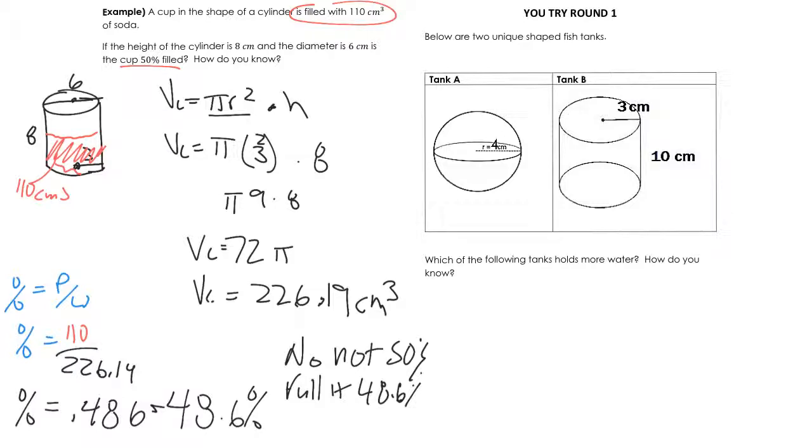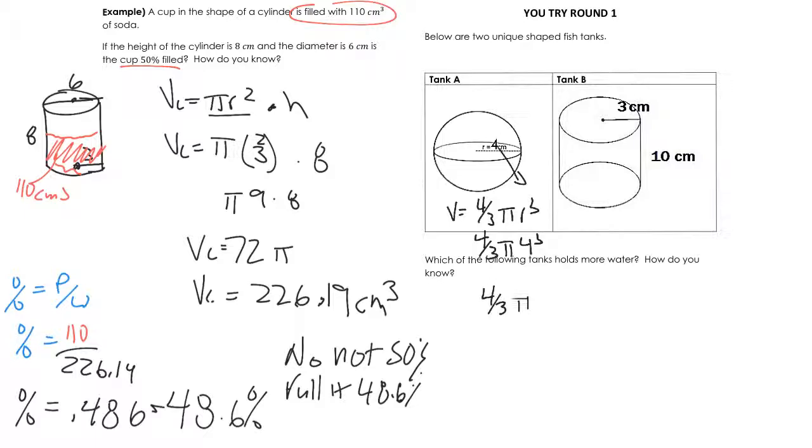So here's 2 fish tanks on the right. Try to find the volume of both, and then I'll show you the answers. So for this one, it's 4/3 pi r cubed. The only thing I have to substitute is my radius. 4 cubed times pi times 4/3. So 4 times 4 is 16, times another 4 is 64.